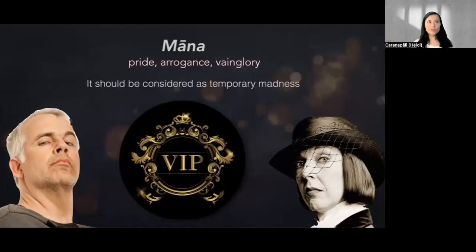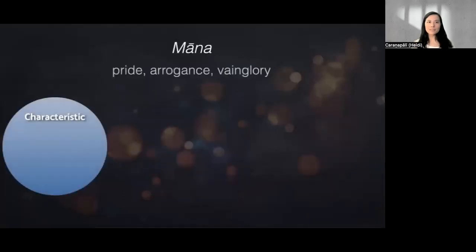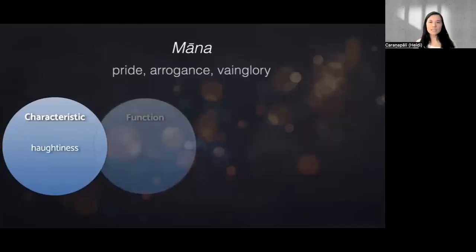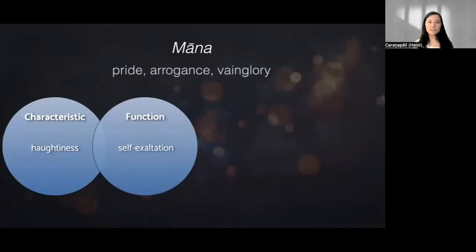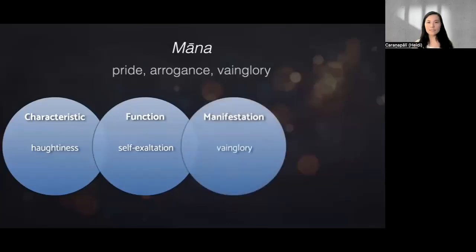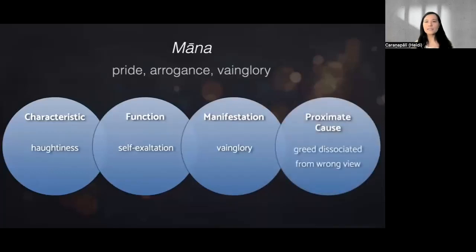So let's see the 4 devices of Māna: pride, arrogance, or vainglory. The characteristic of Māna is haughtiness, and its function is exaltation, and then we have its manifestation as vainglory, and its proximate cause is greed dissociated from wrong view.